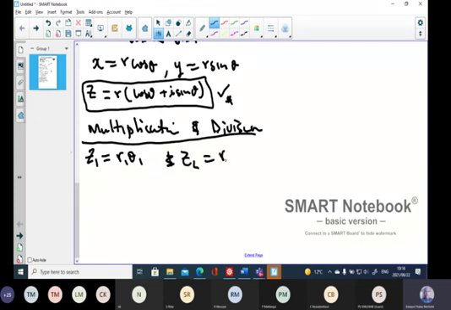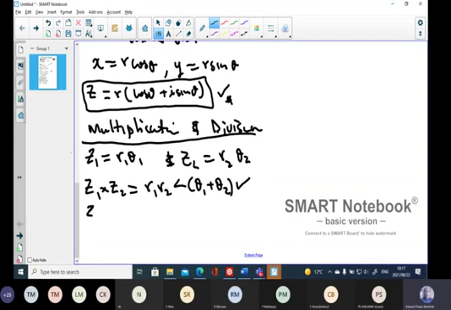Now, when you multiply two complex numbers in polar form, Z1 multiplied by Z2, the dot also means multiplication, you just multiply R1 by R2. And what do you do to the angles? The angle is theta 1 plus theta 2.